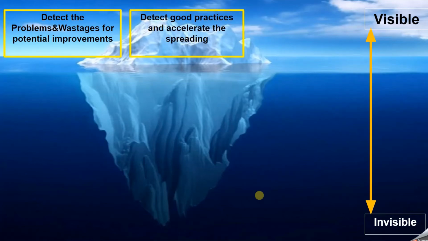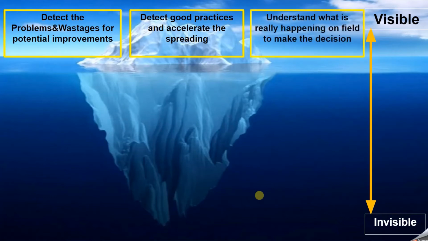Why Gemba Walk? It's also to detect good practices and accelerate the spreading, to push people to copy and improve. Another why is to understand what is really happening on the field without any filter in order to make the decision.